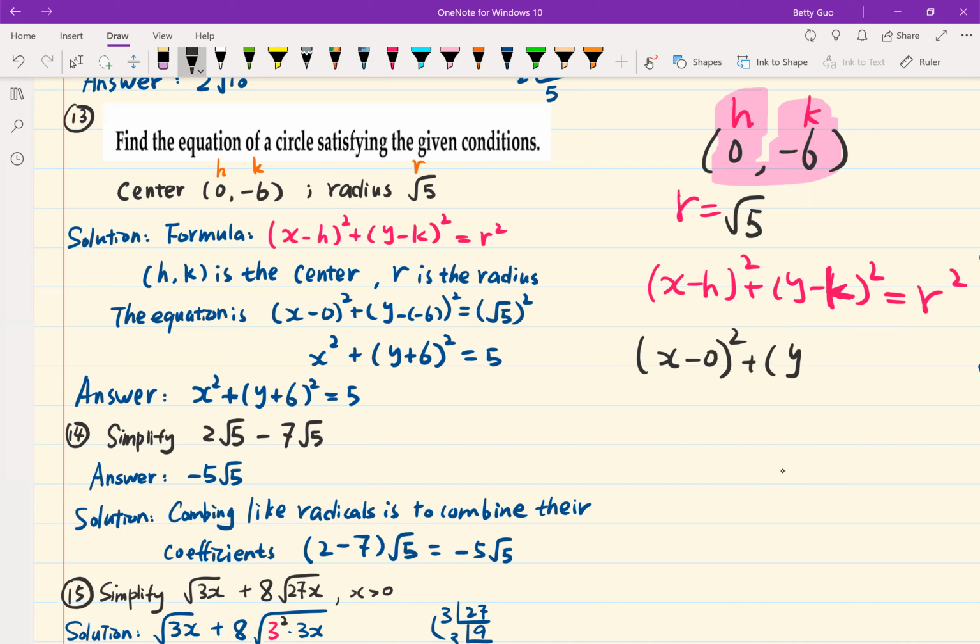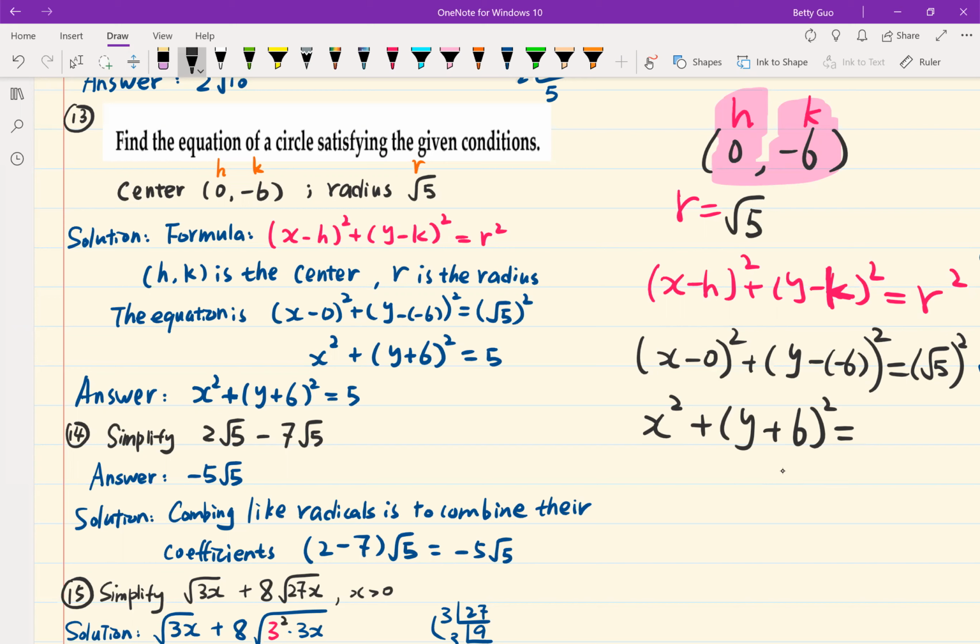What is k? k is -6, so minus -6. r squared. r is root 5. x minus 0 is x, so we have x squared. y minus -6, minus negative is plus positive, y plus 6 to the power of 2 equals root 5 to the power of 2.